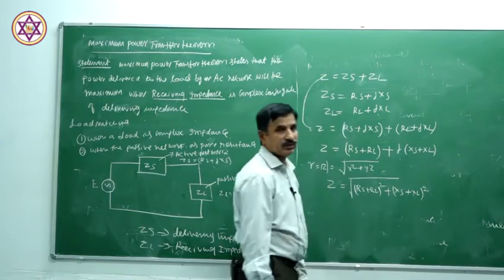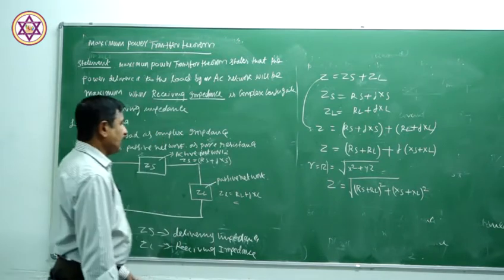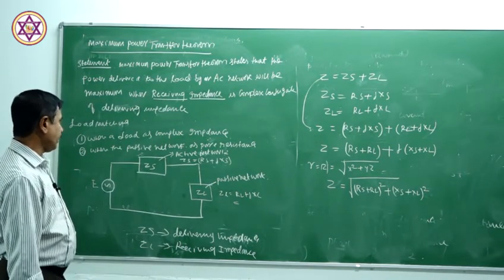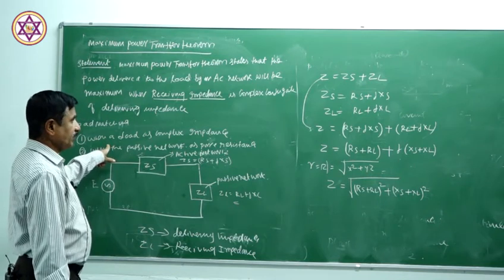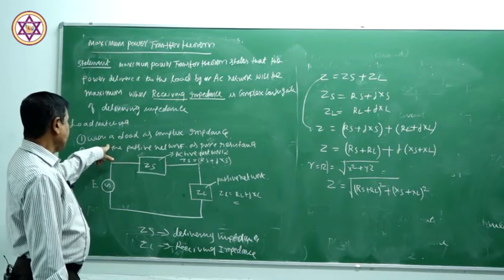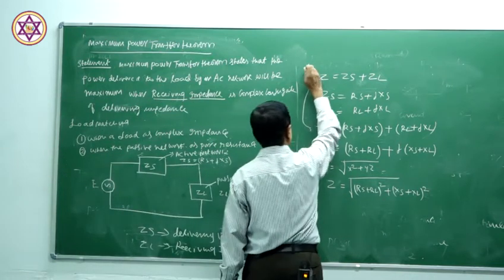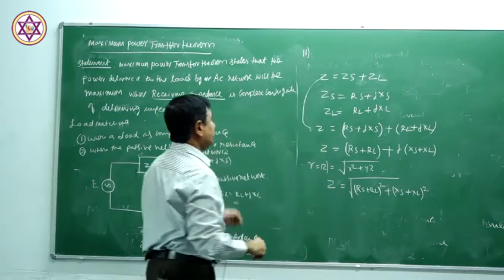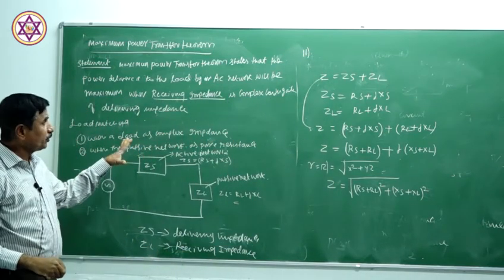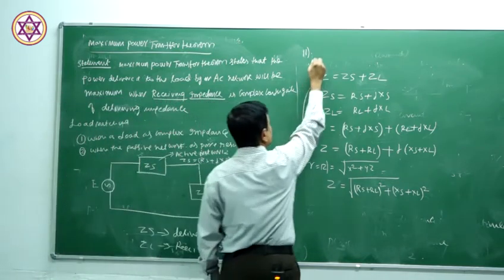So this is the impedance of the circuit, the total impedance of this network. I am considering the first case, when the load is a complex impedance. The maximum power transfer theorem can be analyzed in two steps.